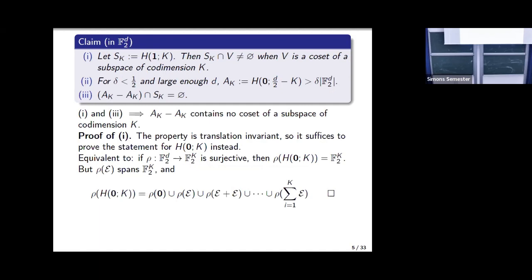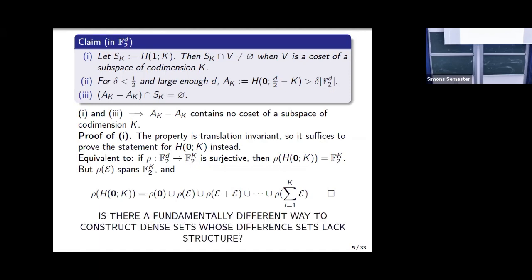Make sense? Now you know the Krige example, or the important combinatorial core of the Krige example. Everything I'll ask about recurrence properties is really asking some aspect of this question: is there a fundamentally different way, besides this, to construct dense sets whose difference set lacks some prescribed structure?